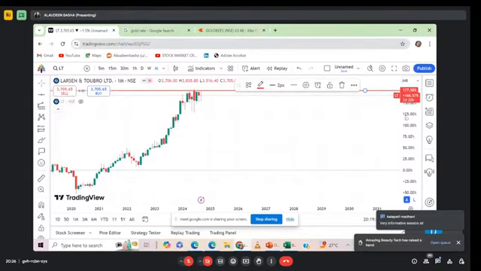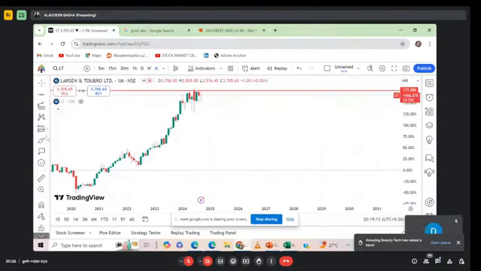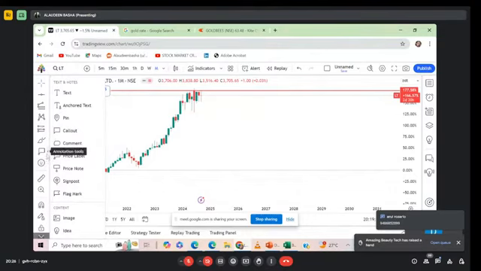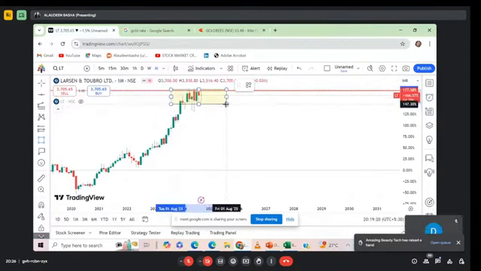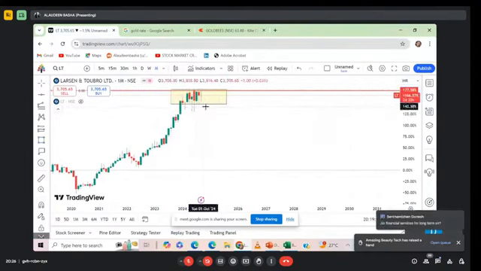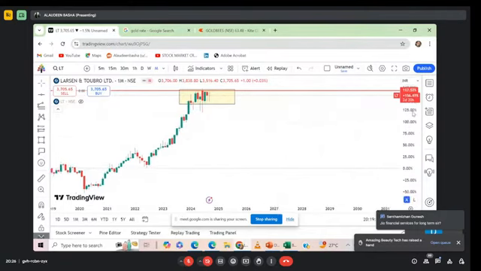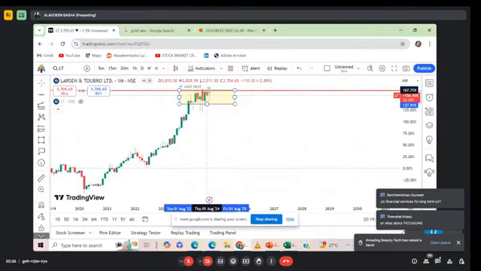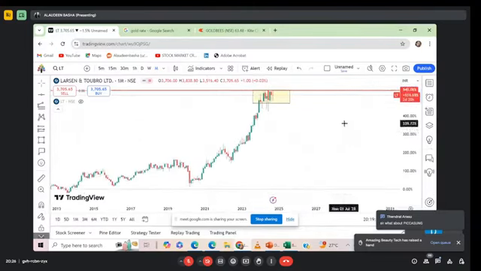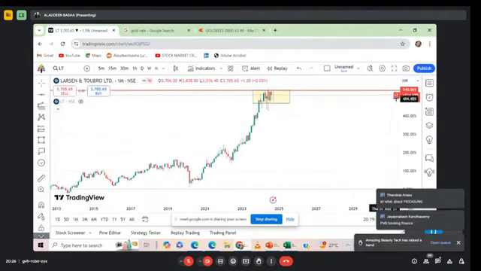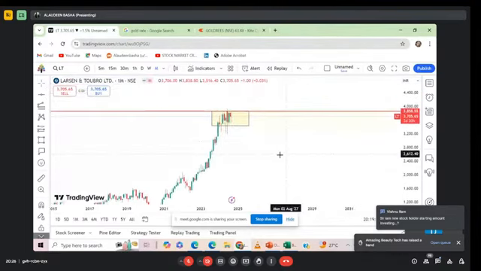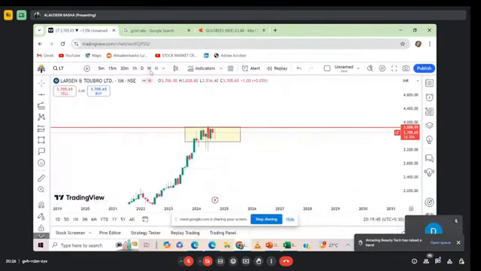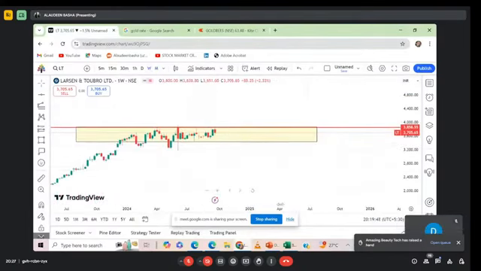As per the chart, you just wait for the breakout, because L&T is also in a sideways market, as it is at resistance. They are not able to break for 7 months. In the past 7 months, L&T stock has not been able to break the previous high. So wait for the breakout. You can convert to the weekly chart. It's a clear sideways market. So just wait for the breakout.